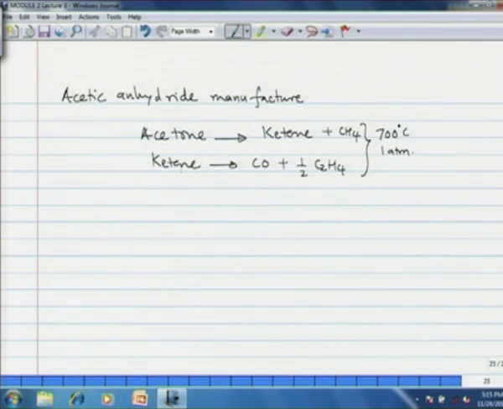Acetone decomposes to ketene plus methane, and ketene may undergo further dissociation to give carbon monoxide and ethylene, and then acetic acid is added to ketene to yield acetic anhydride.